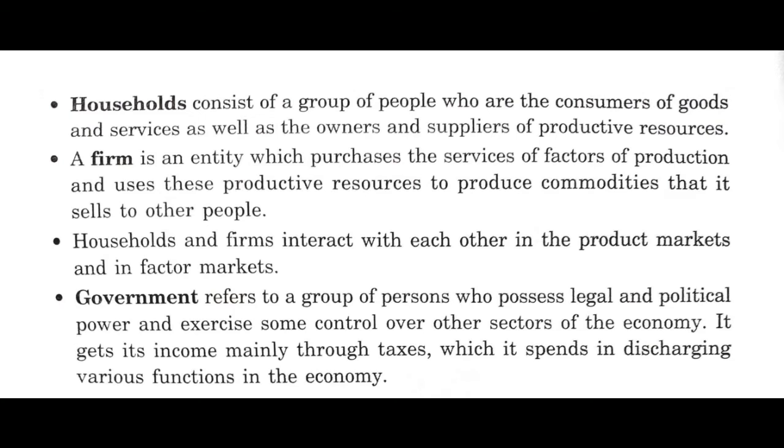A firm is an entity which purchases the services of factors of production. Factors of production means land, labor, capital and entrepreneur, and it uses these productive resources to produce commodities that it sells to other people. Households and firms interact with each other in the product market and in factor markets.